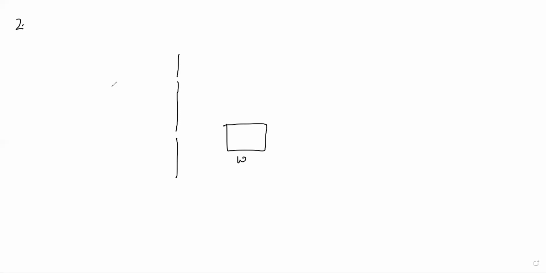Let me set it up like this. This is one slit, and we have to calculate the situation at this point, and there is a slab like this of width t and refractive index mu, right?